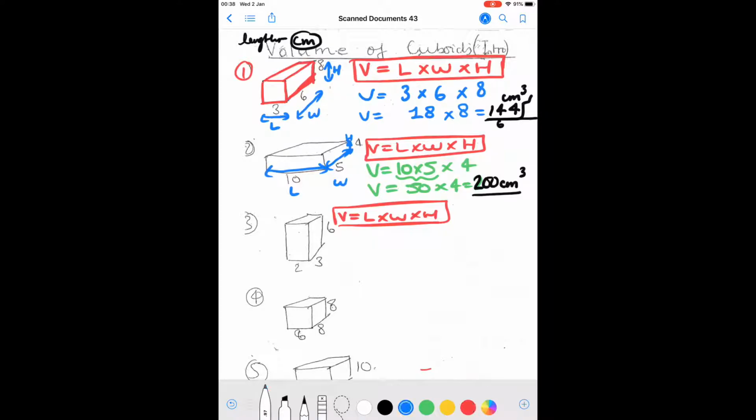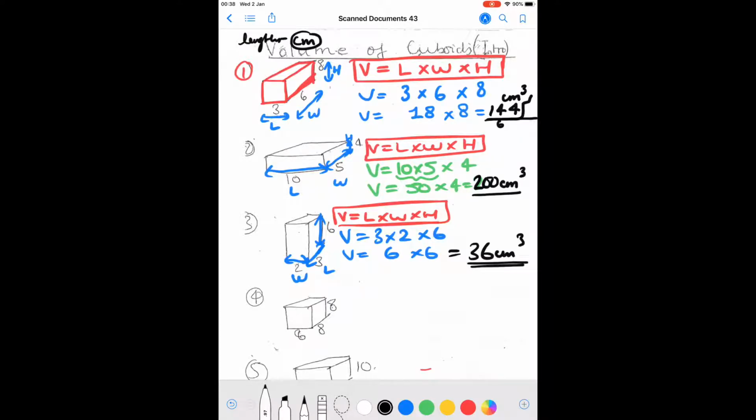Now, if we want to, we can call this one our length, this one the width, and this one will have to be the height. So V equals, the length is 3, the width is 2, and the height is 6. So we have a volume of 6 times 6, which is equal to 36 centimeters cubed.